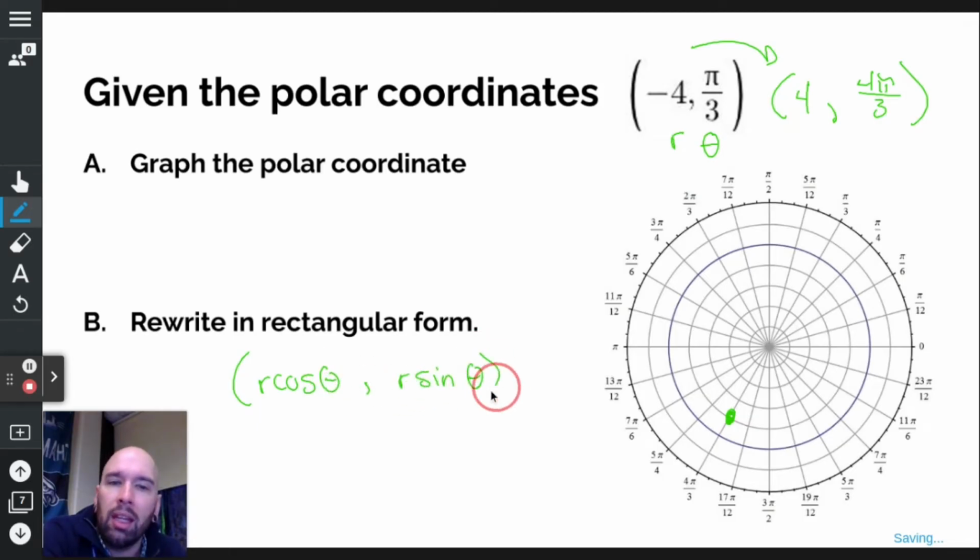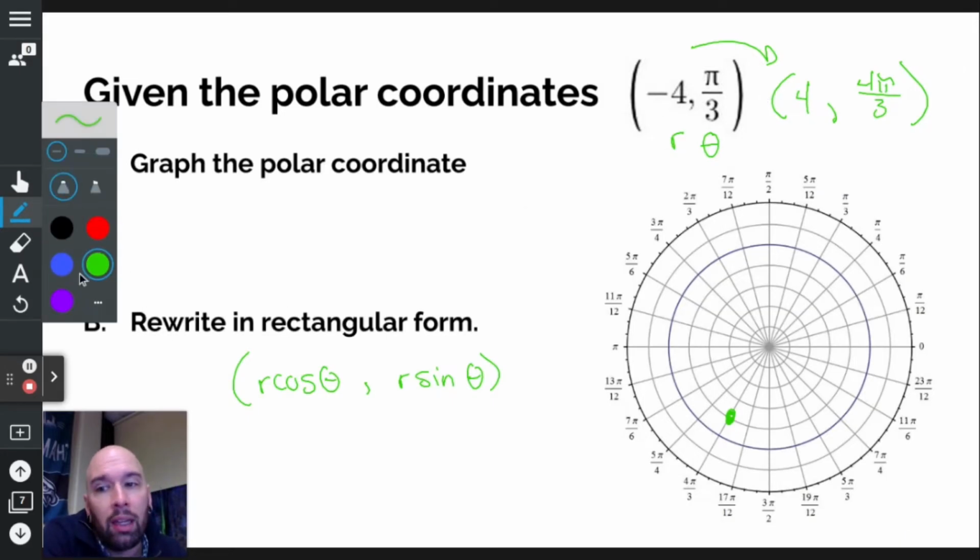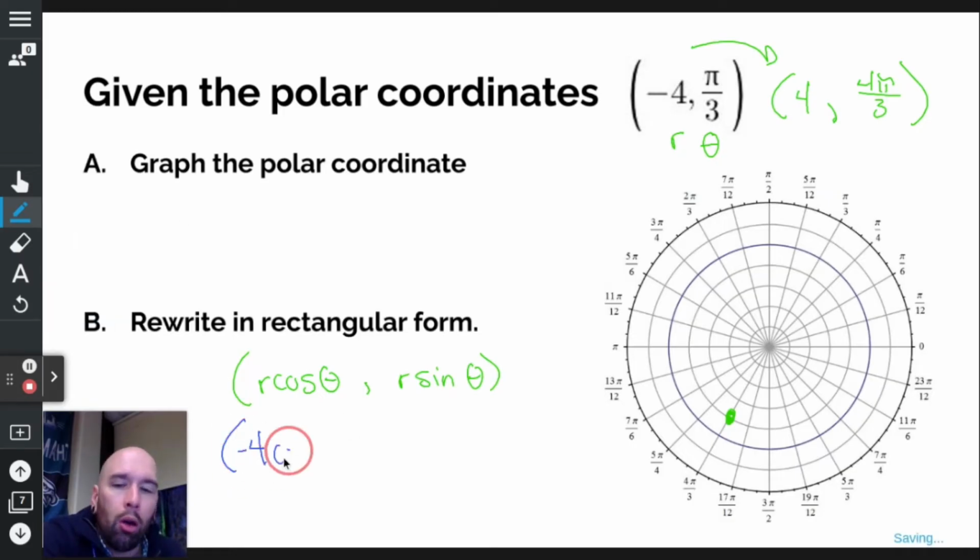It doesn't matter which one of these I use because they're the same thing. So let's just use the negative original version. So negative 4 cos pi over 3, negative 4 sine pi over 3.